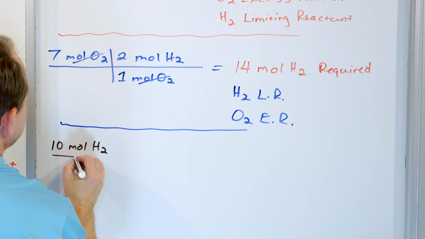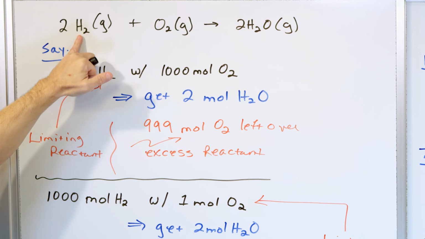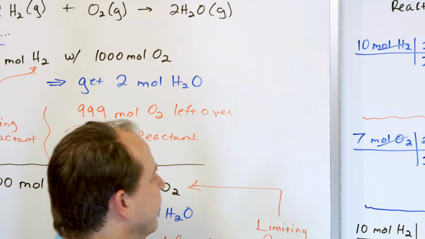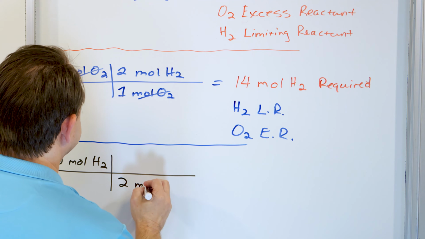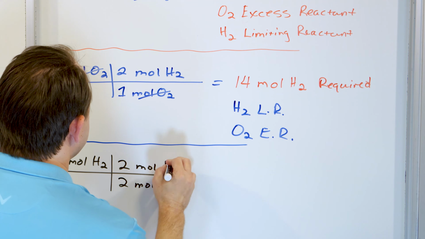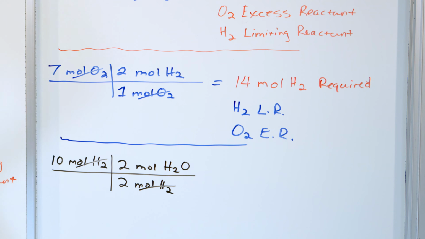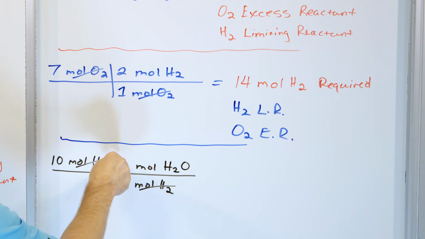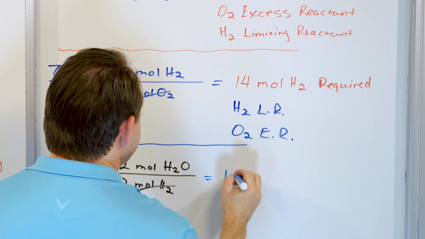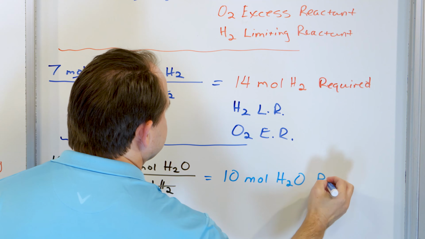What you do is you use your limiting reactant to calculate the product, because you now know that the limiting reactant will run out first. 2 moles of hydrogen produces 2 moles of water, according to that reaction. Cancel, cancel. So 10 times 2 is 20, 20 divided by 2 is 10, or you can cancel the 2's however you want to think about it. So it's 10 moles of water produced.